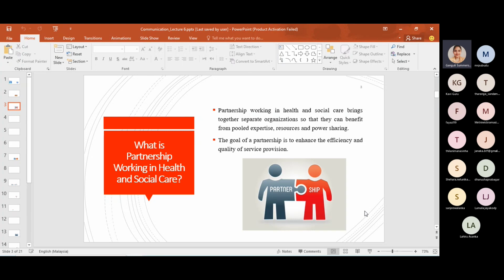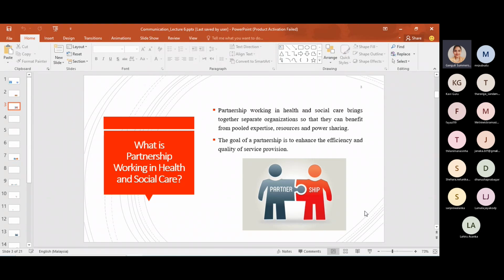Partnership working happens when two or more separate organizations come together and work together. It doesn't always have to be two, but a partnership is not something that you can do alone. You should have at least two organizations. You can have more than two as well. When they work together, they can get advantages from the pooled expertise.